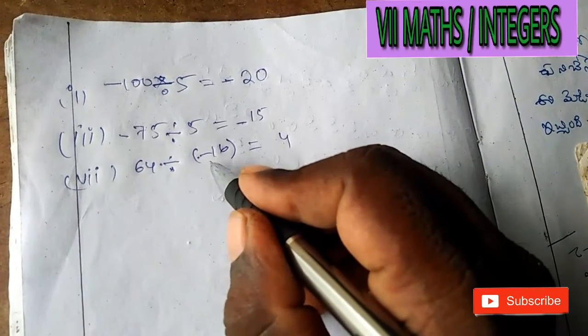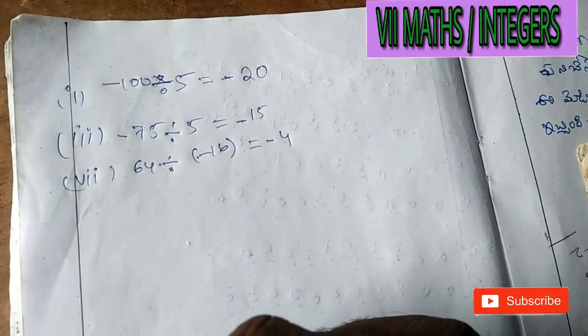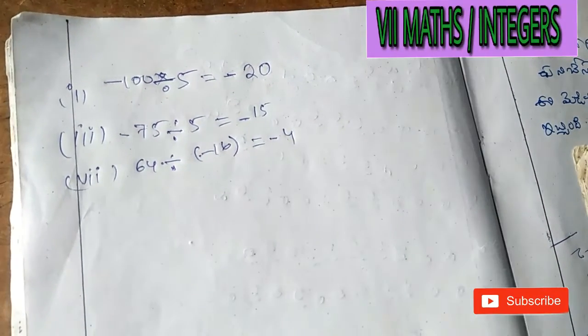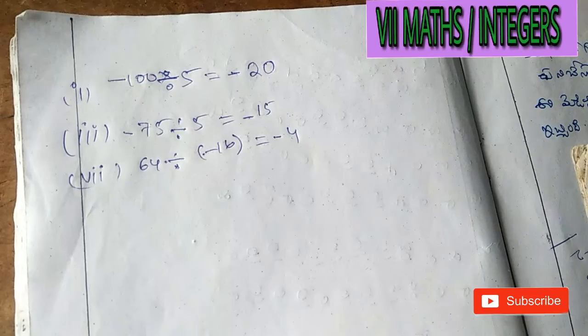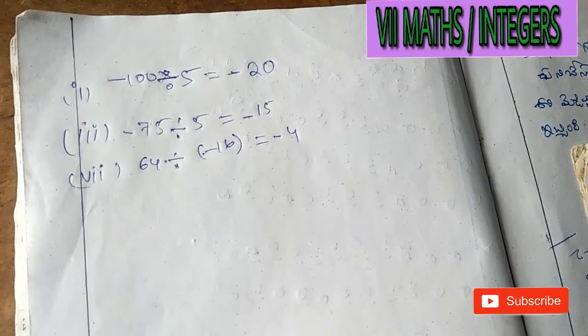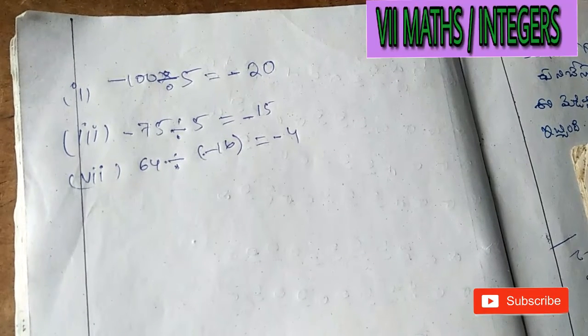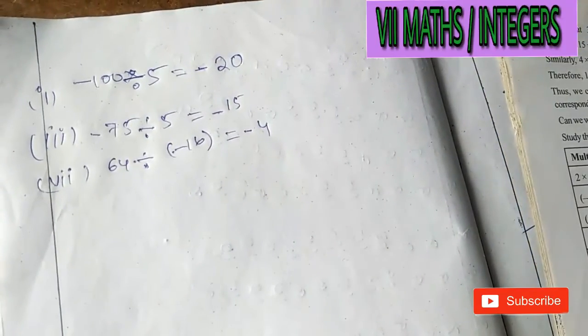Here we are dividing by a negative number, so you should have the quotient also a negative number. The remaining ones you have to do as homework at home and send me personally. Okay. Next.